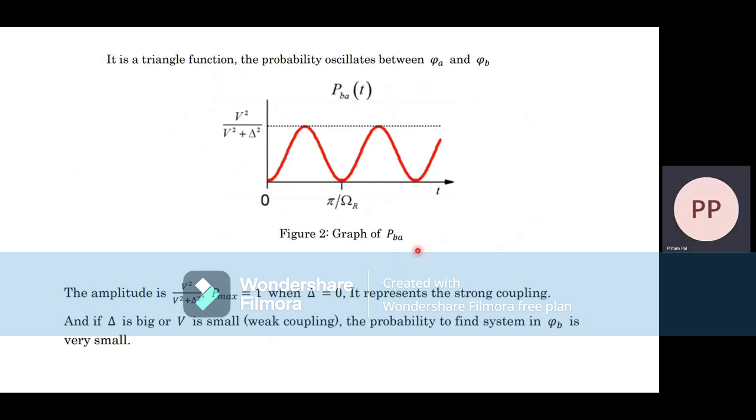If delta is very big or V is small, it's basically weak coupling. So the probability of finding the system in B is very small, right?